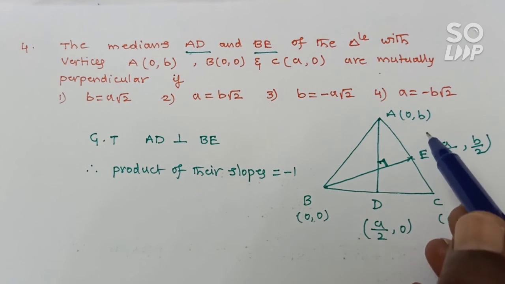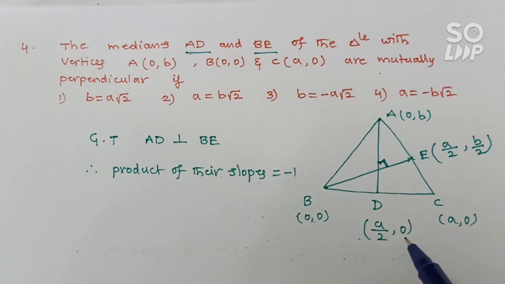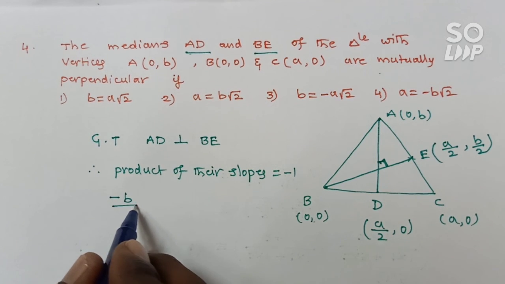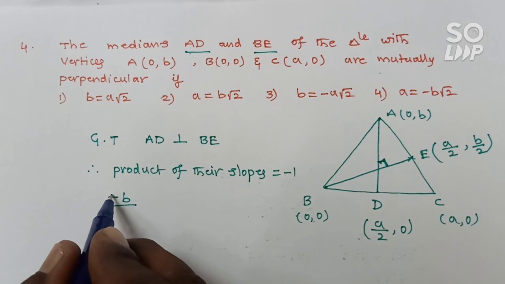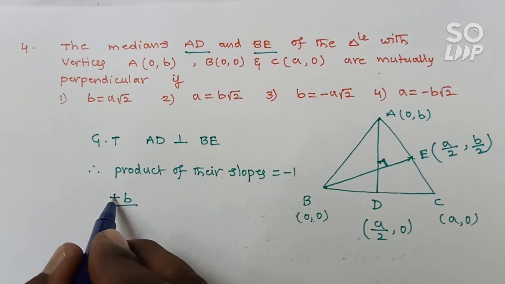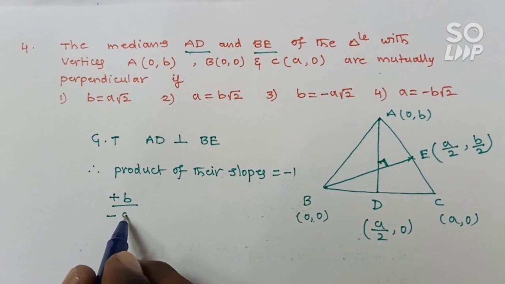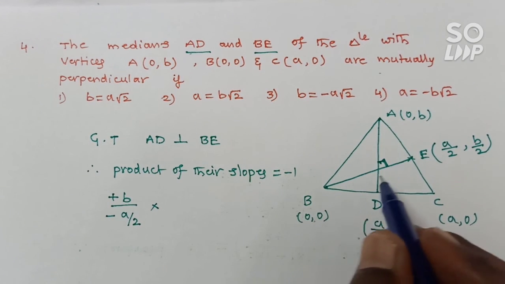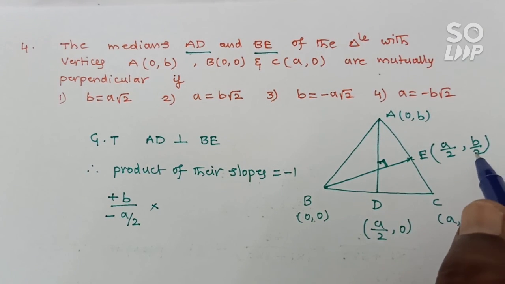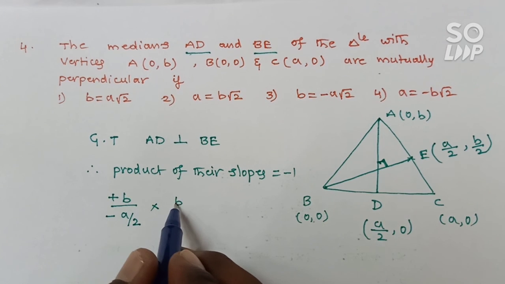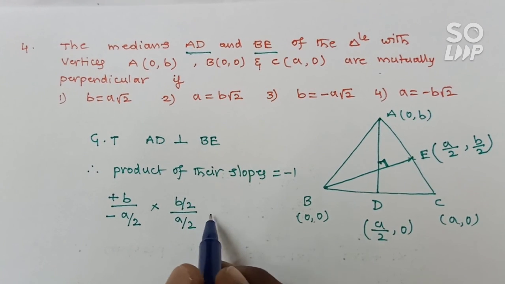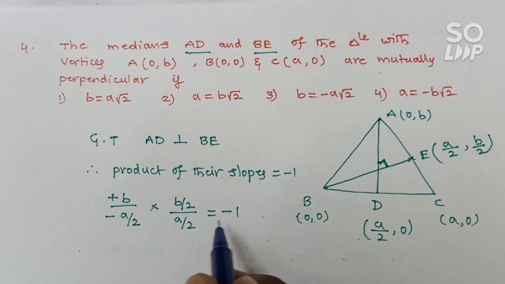Slope of AD means b minus 0 by 0 minus a by 2, that is nothing but b by minus a by 2, into the slope of BE, which is b by 2 by a by 2, is equal to minus 1.